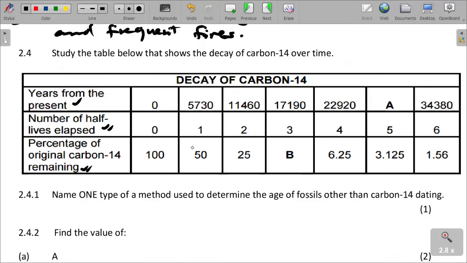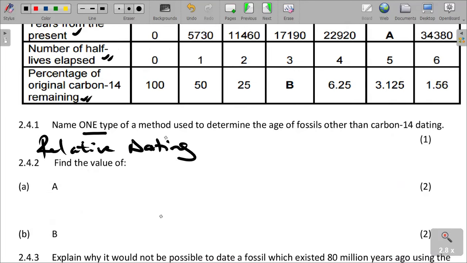We can calculate the age of fossils based on that. Name one method used to determine the age of a fossil other than carbon dating. We have what is called relative dating.